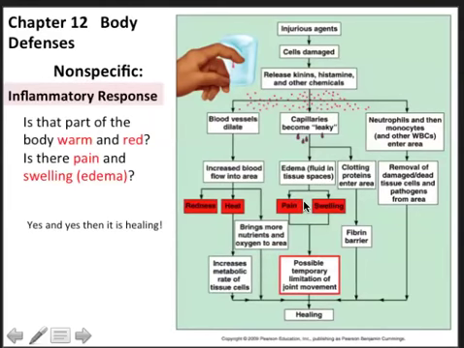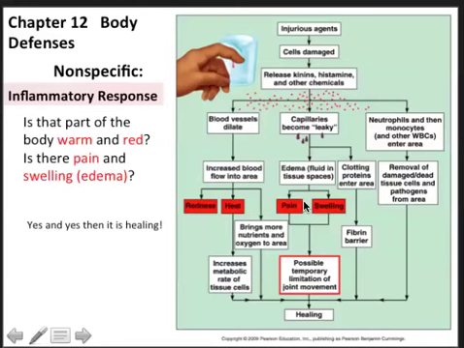So when we talk about our nonspecific defenses, we're talking about a series of physiological responses that are going to, regardless of the identity of the pathogen, eventually result in its destruction.